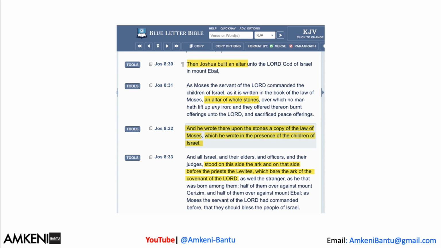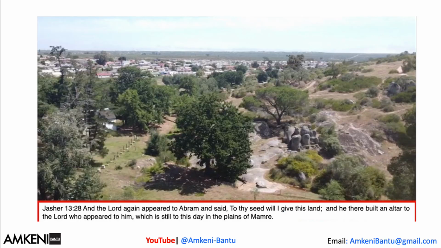Okay, let me finish up with this image that some of you are familiar with. This is Mamre, Cape Town, South Africa. There are some rocks in the middle there. That's an altar. Joshua 13:28. And the Most High again appeared to Abram and said, to thy seed will I give this land.